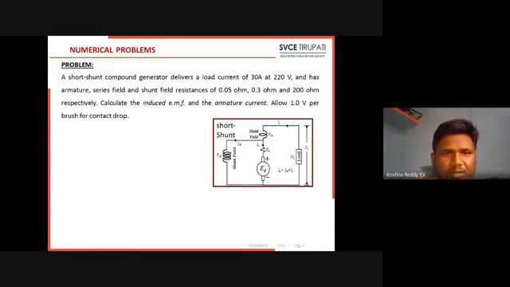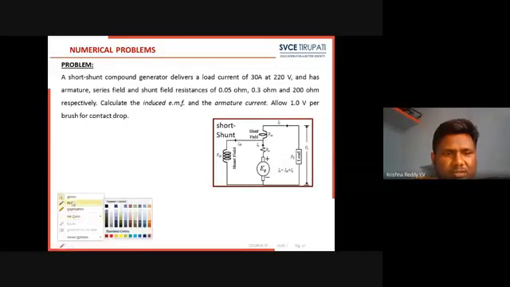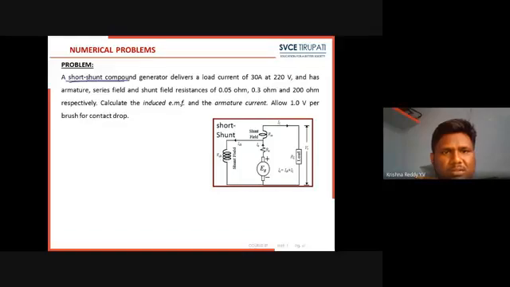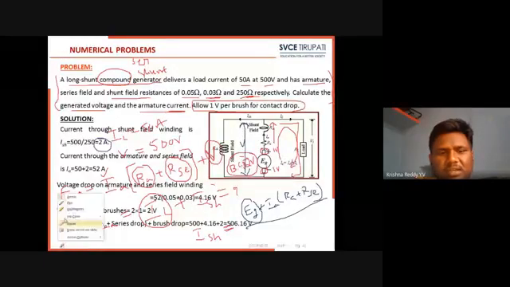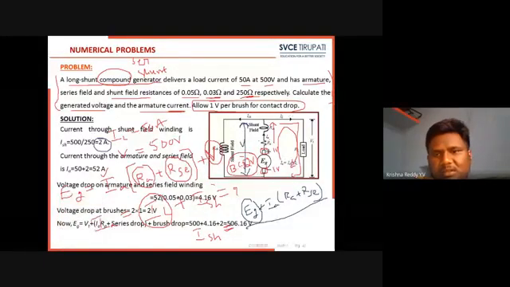Here, given is a short shunt compound generator. In a short shunt compound generator, the shunt field winding is directly connected across the armature. In the previous case, it was a long shunt, where the shunt field winding is connected across the armature and series field winding.